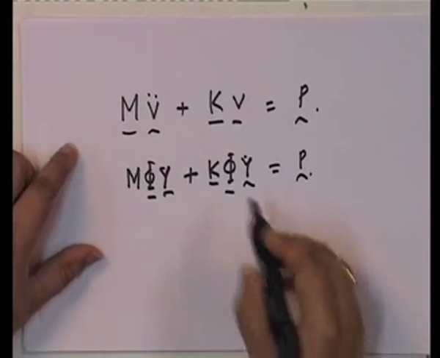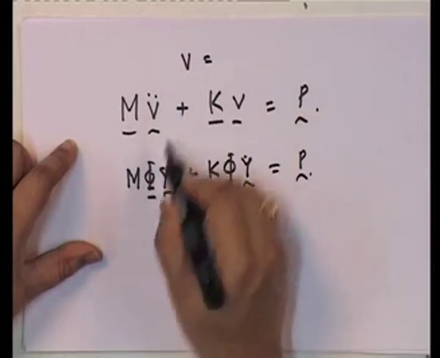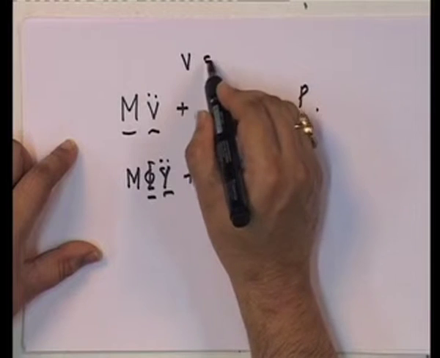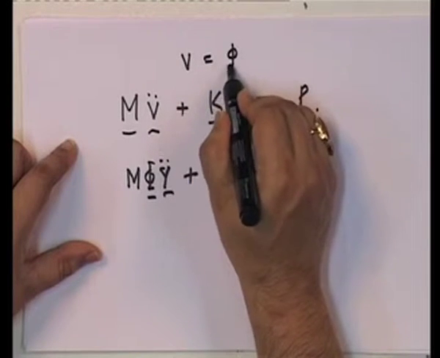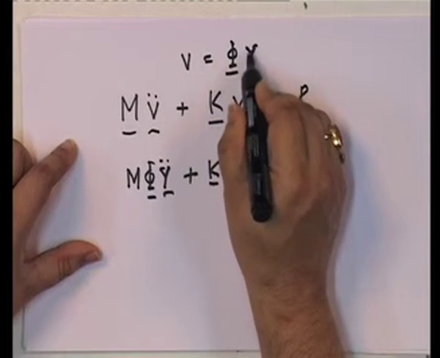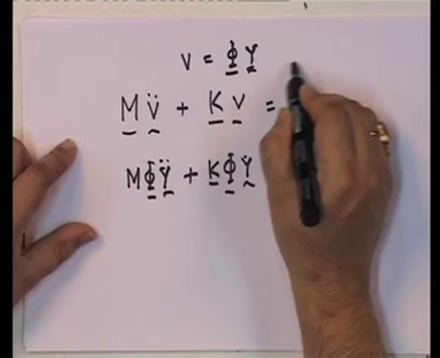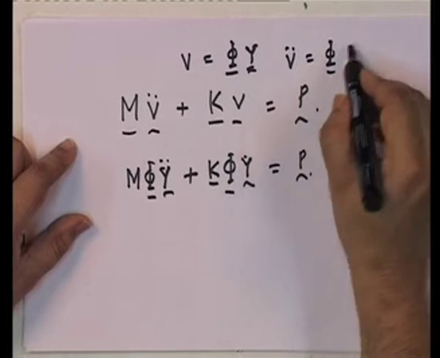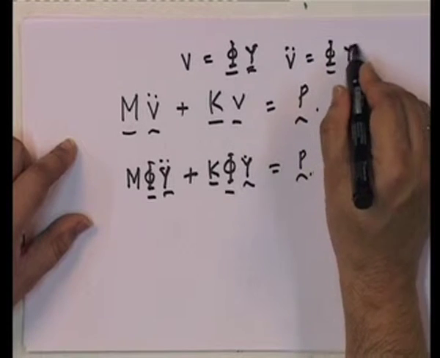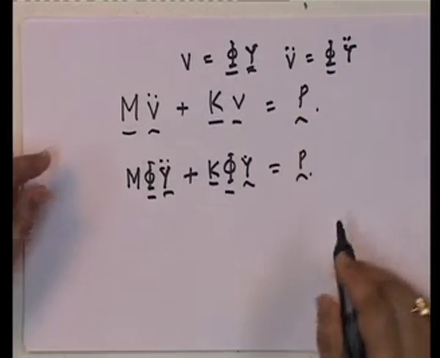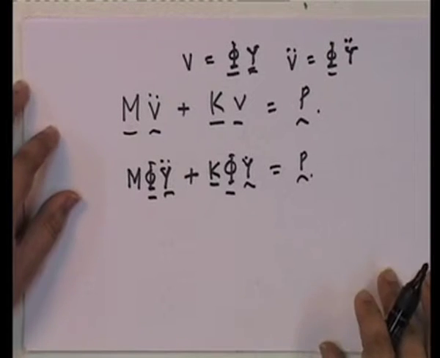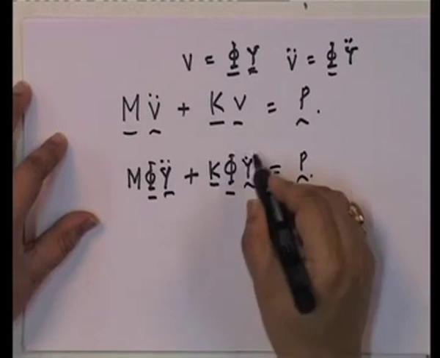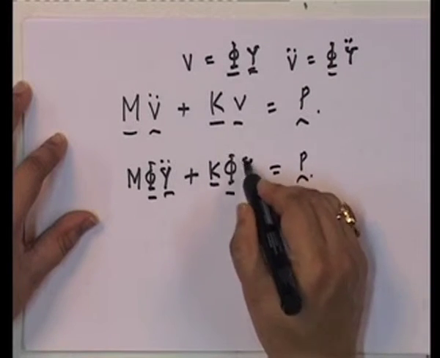All I have done is substitute the fact that v is equal to phi y, and obviously phi is not a function of t. So, the only thing that is a function of t is y, and so that is what comes, and that is all I have done.